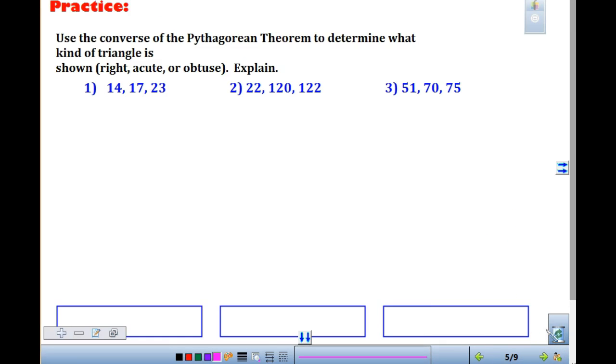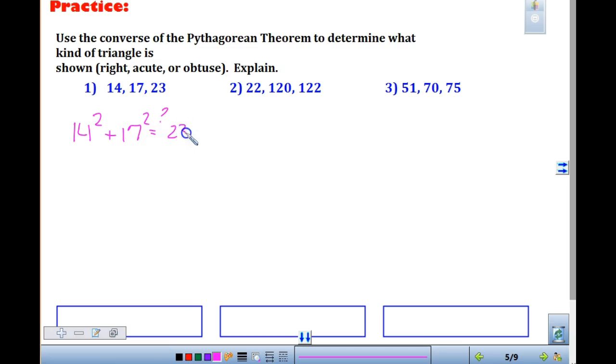That next page down, if you would, please. Your notes. You want to tell me the type of triangle. Emily, tell me how I'm going to set up that first one. 14 squared plus 17 squared equals 23 squared.